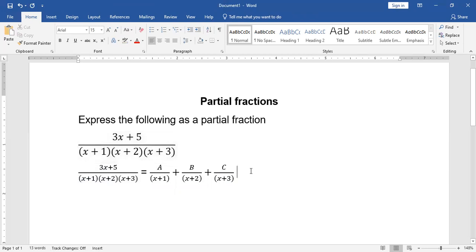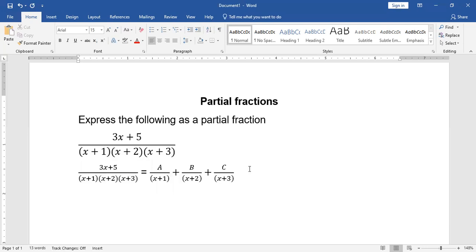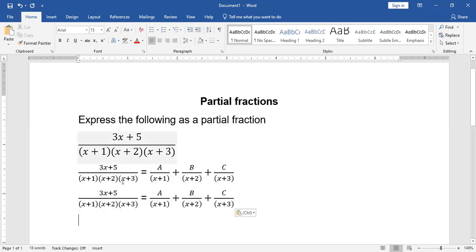Okay, so now I've done the first part, which is basically to separate. Now the first thing that we're going to do is to multiply. I've equated this to that, and the first thing I'm going to do is multiply both sides of the equation by the bottom denominator. So I'll pick that, and then multiply it with this bottom part.